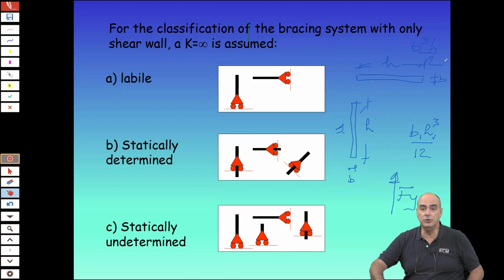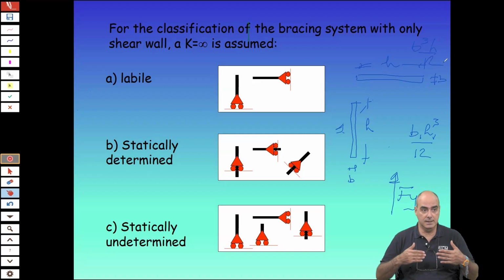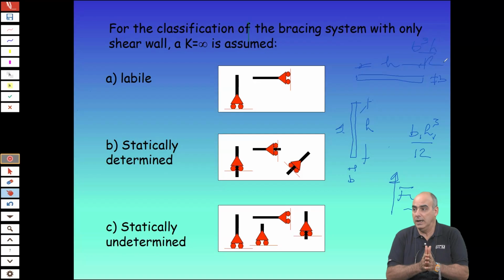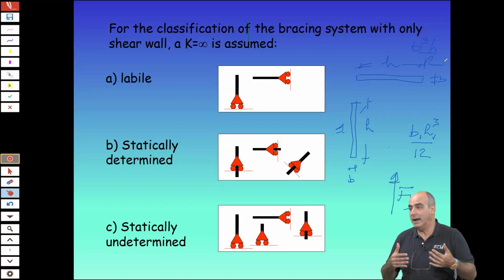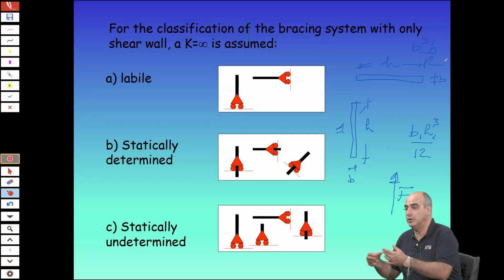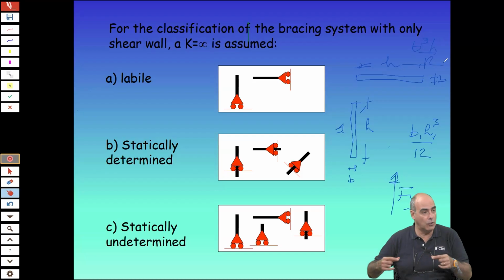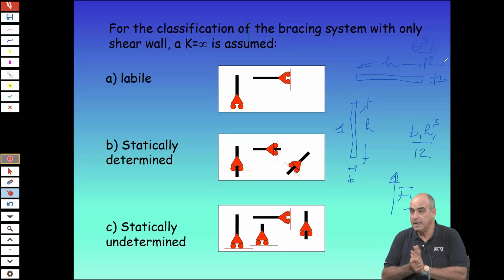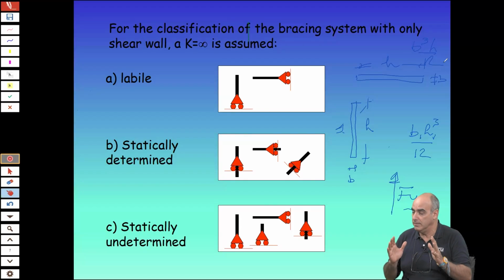So actually, the contribution that walls parallel to the action, parallel to the force, can provide is 2 orders of magnitude higher than the contribution that the walls orthogonal to the action can provide. So this allows us to make a simplification.